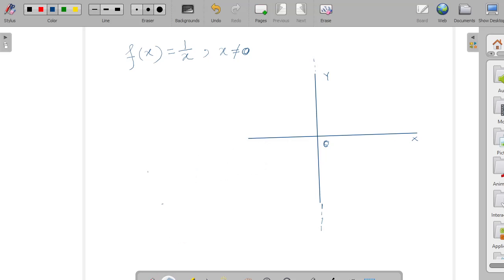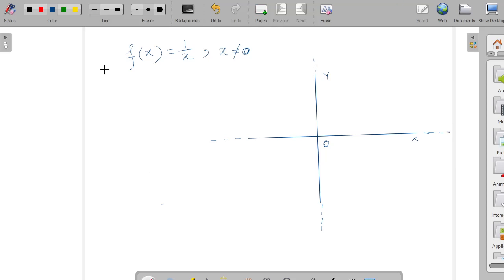So let me mark this x-axis as our asymptote. So we just extend this with some dotted line. These are the two asymptotes we have.